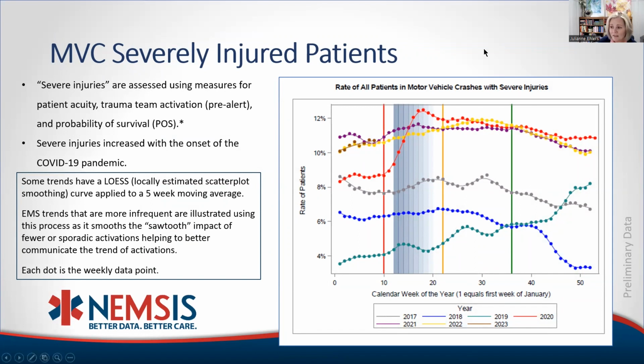And if you look at the years since COVID, so this is 2021 is purple, 2022 is yellow, and the brown line here is 2023, we haven't gone back down to pre-COVID rates of severe injury. So it's a great way to communicate the change post-COVID that your EMS agencies are experiencing in regards to MVC.